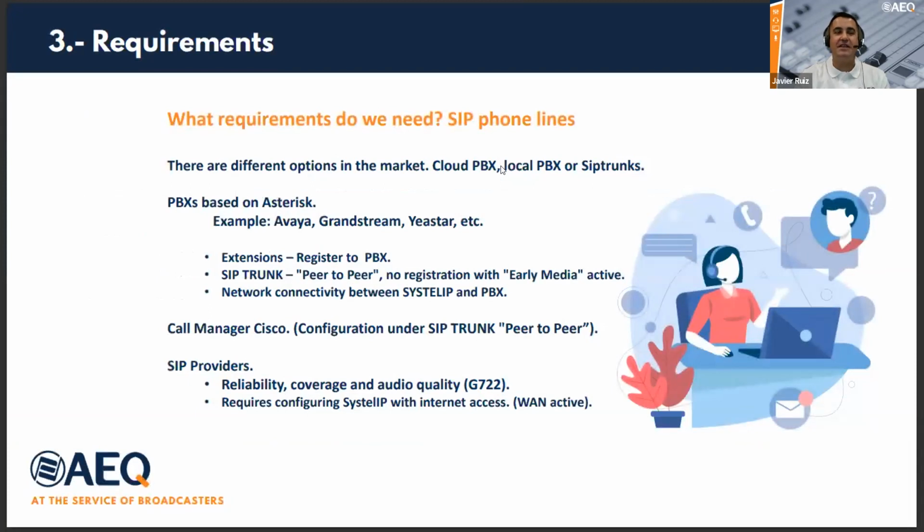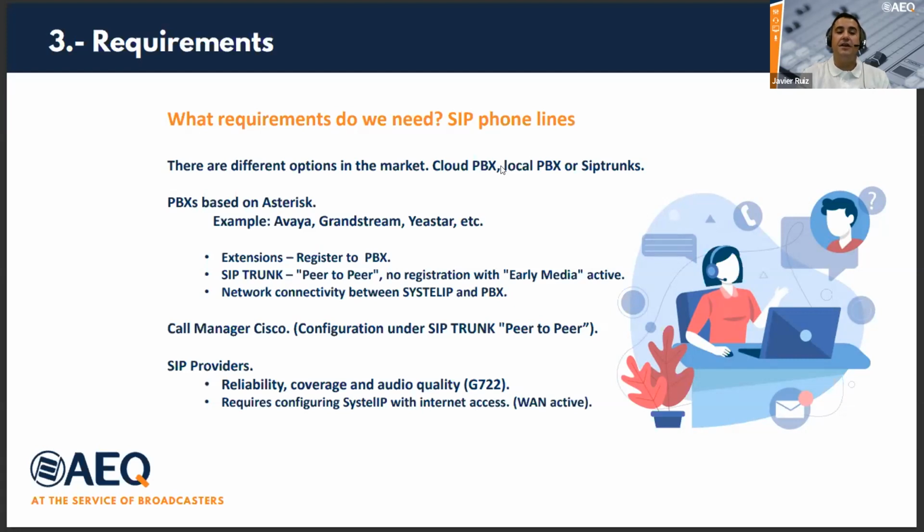About SIP lines, in the market there are different options: cloud PBX, local PBX, SIP trunk providers, etc. In the case of Systel IP, we need a PBX based on Asterisk. For example, Avaya, Grandstream, Grandstream brands are developed on Asterisk.